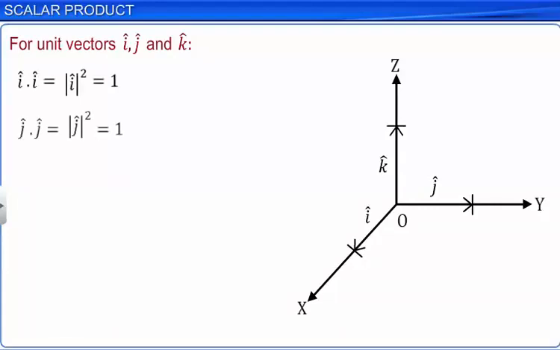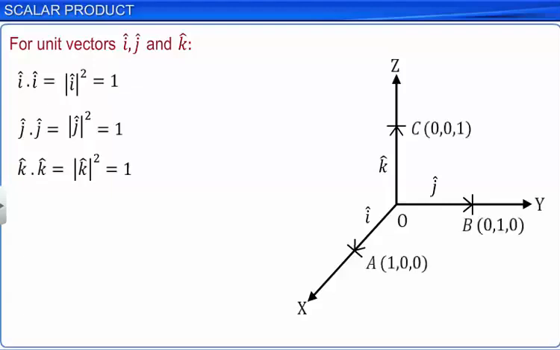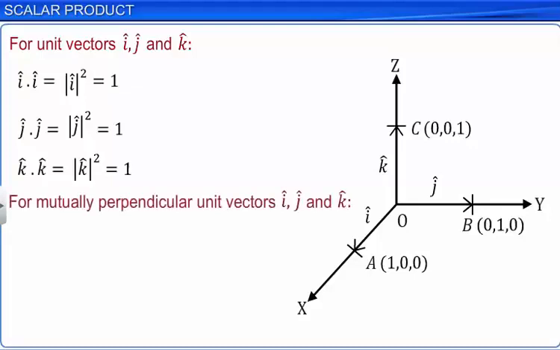This is because each of these unit vectors has a magnitude of 1 and angle theta in this case is 0 degrees. The product of any two of the mutually perpendicular unit vectors i, j, and k is 0. This is because angle theta in this case is 90 degrees.